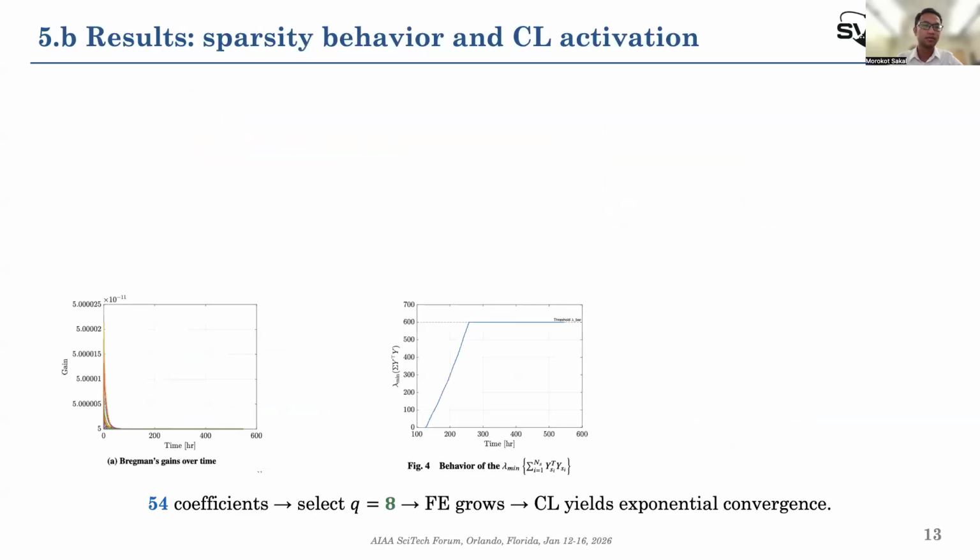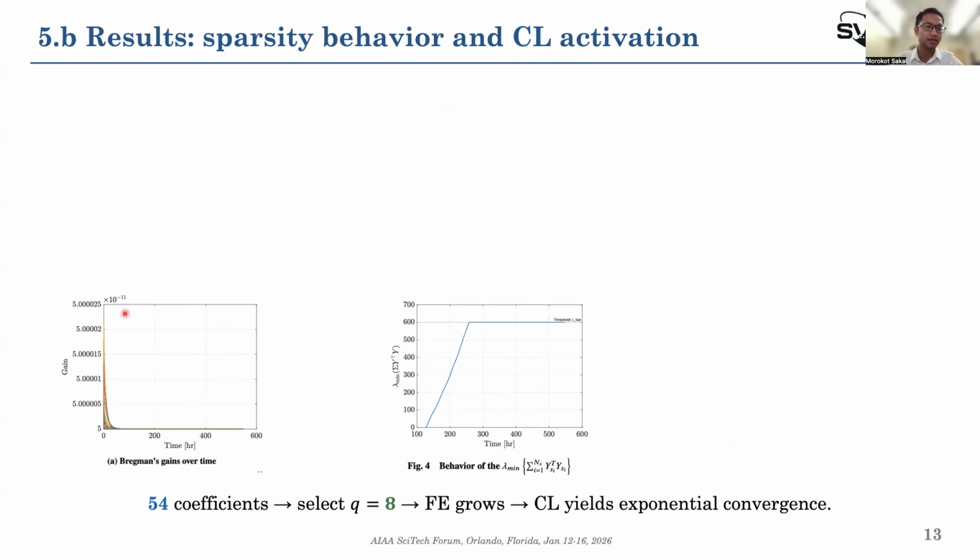So let's move on to the more important result, which is the behavior of the sparsity and when this concurrent learning activates that makes the estimation error go to zero. These two plots show the Brakman gain, the adaptation gain, and the second plot shows the lambda, which is the finite condition that we have for activating the concurrent learning.